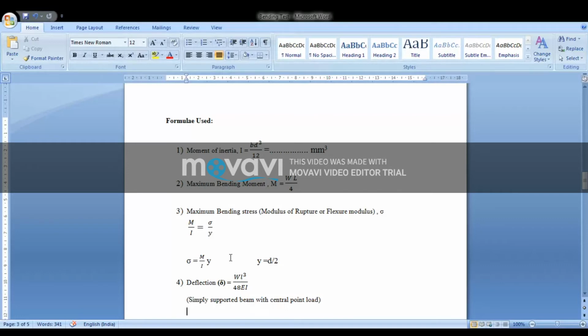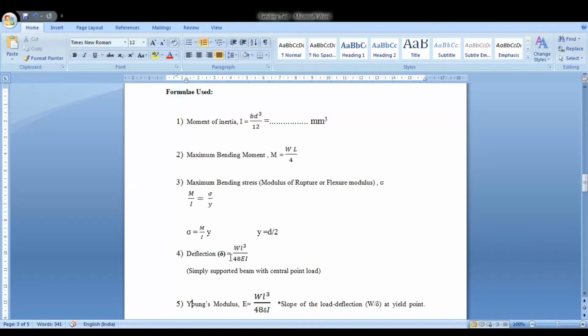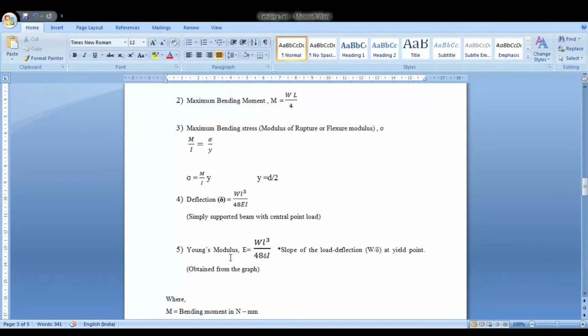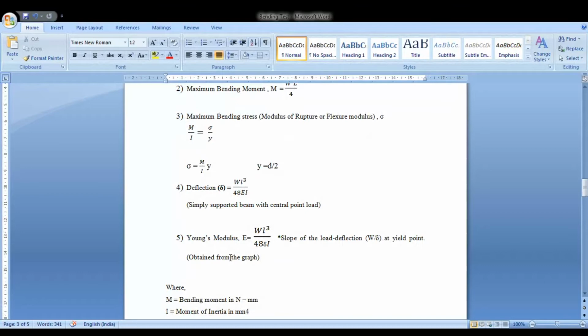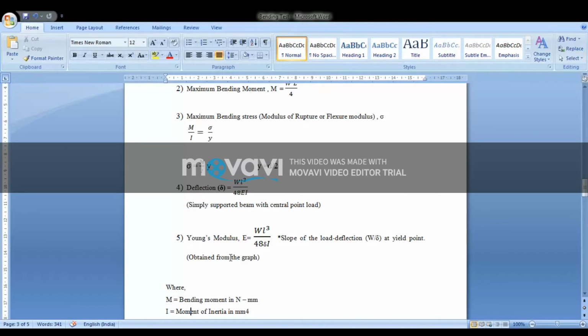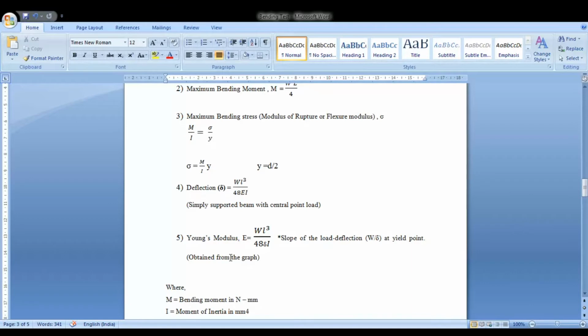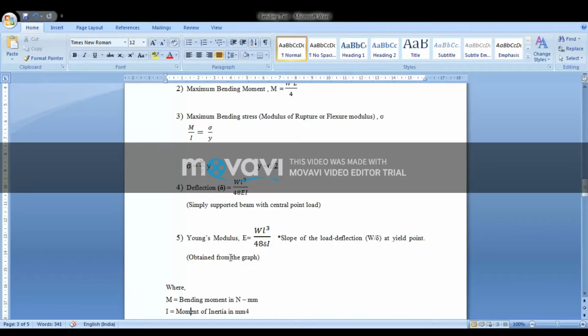The deflection formula is used to identify the Young's modulus. This deflection formula is for a simply supported beam with a central point load, that is, deflection delta equals WL cubed by 48 EI. W is the point load acting, and L is the distance between the two roller centers, that is small l.